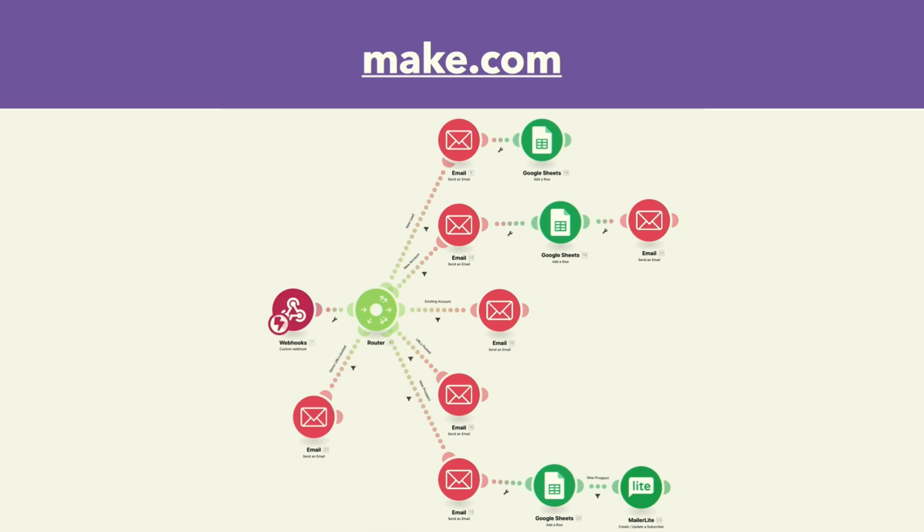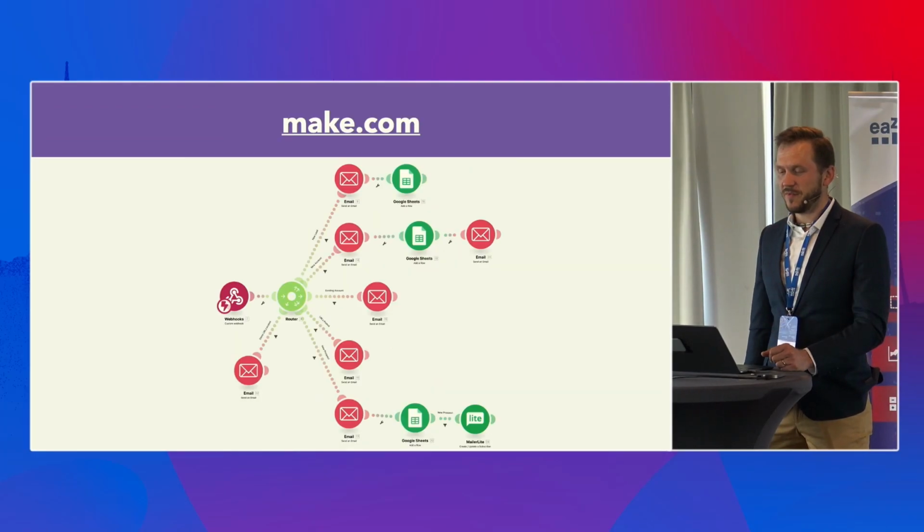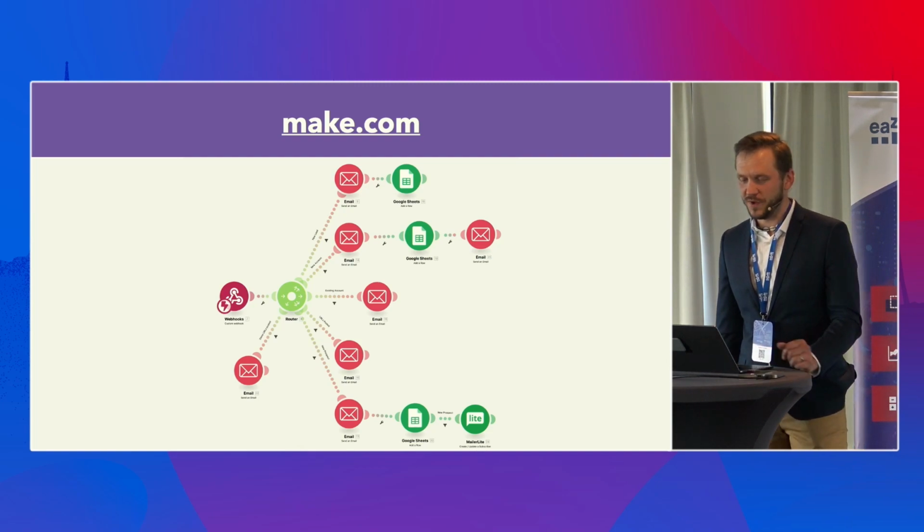We store trial requests or account requests or whatever in, let's say, Google Sheets. We add them to email newsletters so that we can actually communicate with the users automatically and so on. And all of this happens automatically without any human labor.